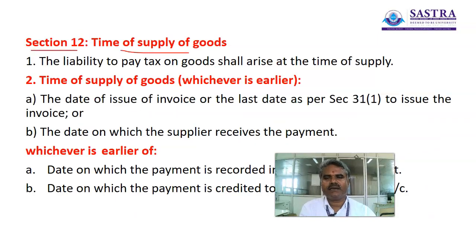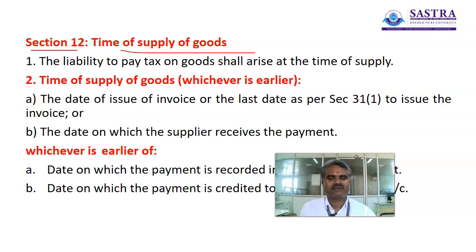Section 12, time of supply of goods. How can we find out the time? Here you have to understand the aim of calculating time of supply. The taxable event is time of supply. The day itself, the value of supply becomes a taxable supply, liable to pay GST.